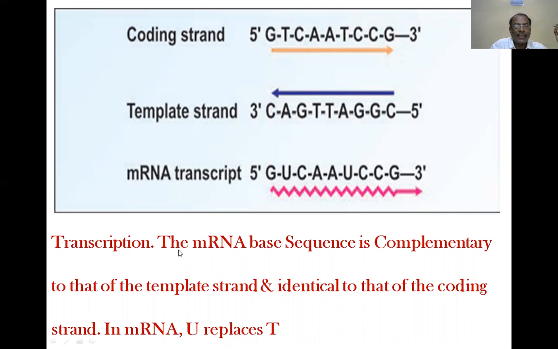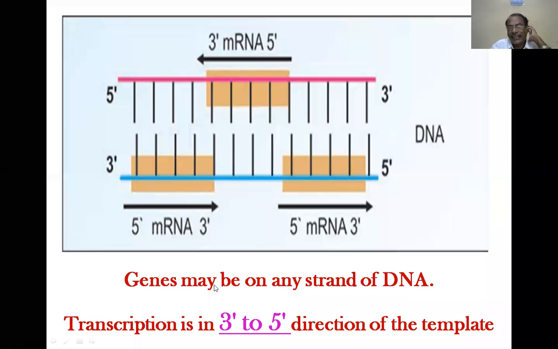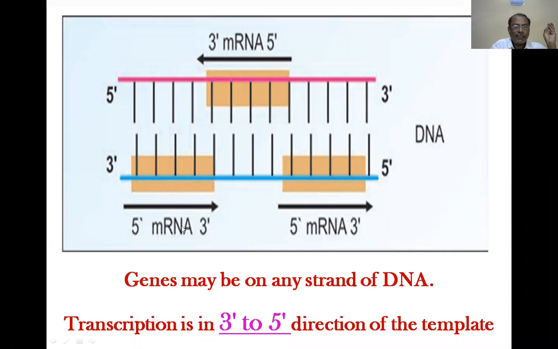So in transcription, the mRNA base sequence is complementary to that of the template strand and identical to that of the coding strand, except that thymine is replaced by uracil.